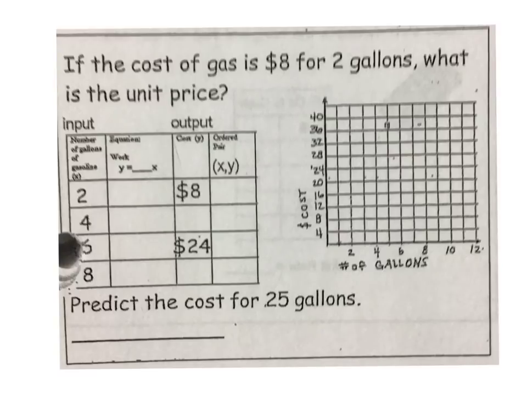So let's look at this first one. If it costs $8 for 2 gallons, okay? So we want to figure out what the unit price is. So let's think about our unit rate. If we have $8 for 2 gallons, how much is it going to be for 1 gallon? Okay, so it is going to be 8 divided by 2, which is $4 for 1 gallon.